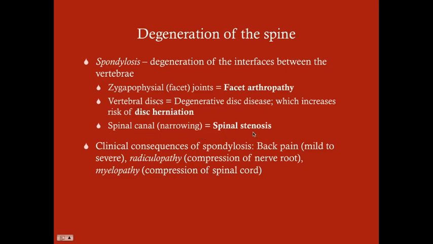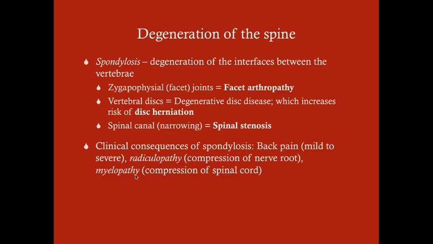The clinical consequences of spondylosis, of this degeneration of the spine, range. It just depends on how severe it is. It can range from back pain, which can be mild or severe. Pretty much everybody's going to experience some level of lower back pain in their life as they get older. It can also cause radiculopathy. Radiculopathy is the compression of a nerve root.